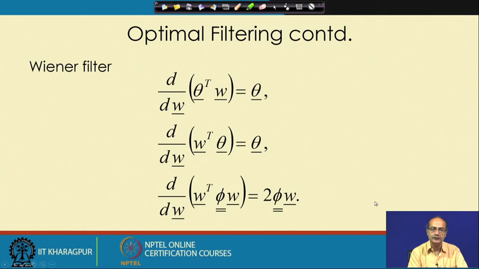Okay. So, first we take the derivative of the term involving theta transposed and the weight. For each component, say W 0, W 1 and so on, taking the derivative with respect to the vector means we are taking the derivative with respect to each of these terms and then putting it back in vector form. Okay.